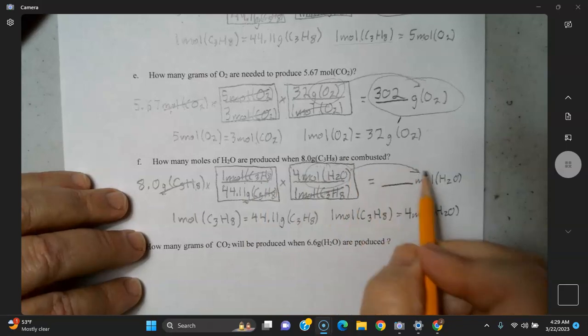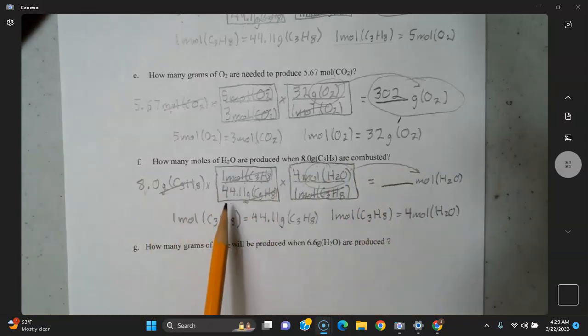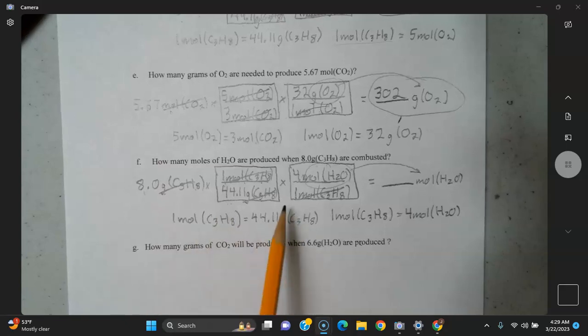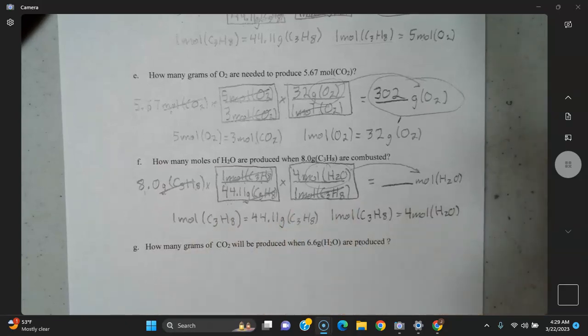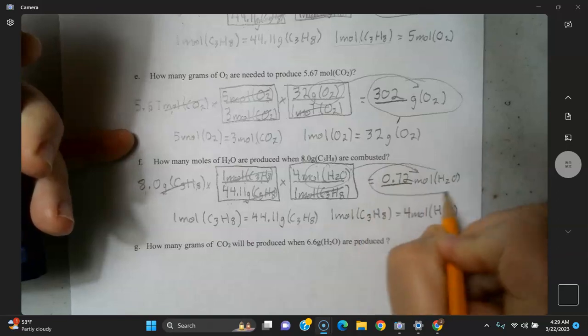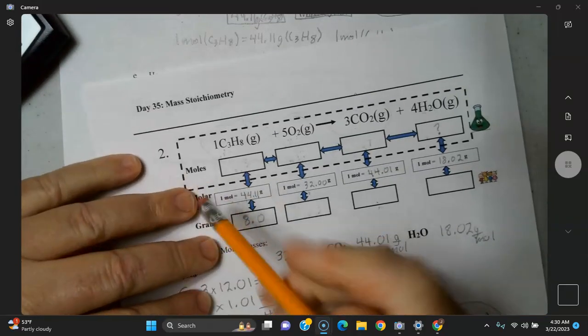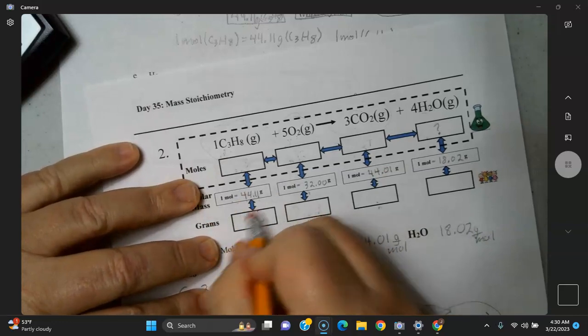Last man standing's right there, so it's 8 times 1 times 4 divided by 44.11 divided by 1. And that gives us 0.72 moles of H2O.